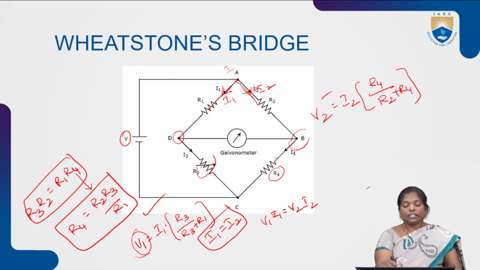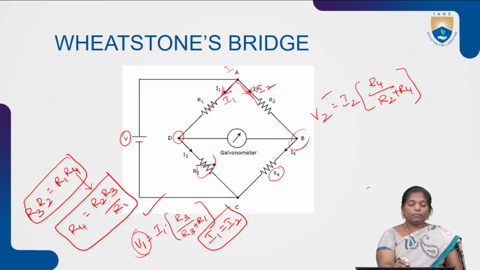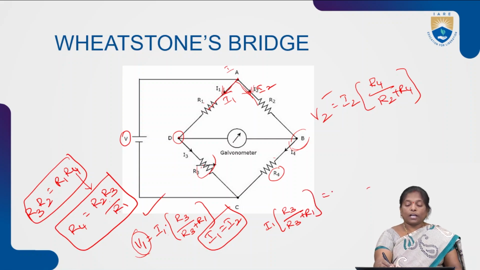We have the condition that V1 into I1 equal to V2 into I2. Or from this, V1 means I1 into R3 by R3 plus R1 equal to, this is I2 into R4 by R2 plus R4.